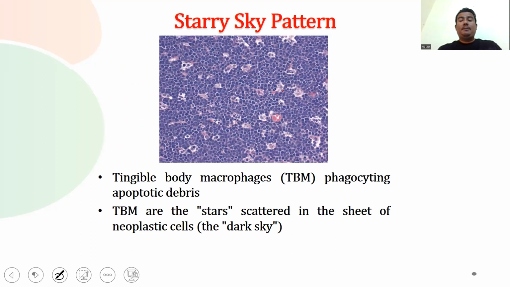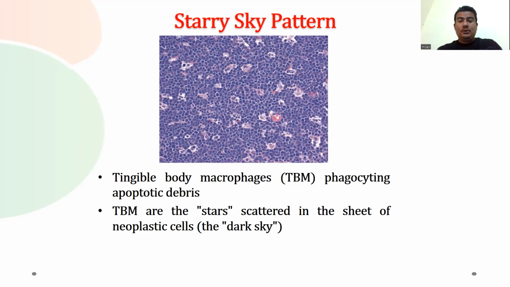The Starry Sky pattern refers to the morphological finding in light microscopy wherein the bluish dark looking cells are the neoplastic cells, and interspersed within these dark cells are larger, vacuolated cells with clear cytoplasm. These are macrophages.